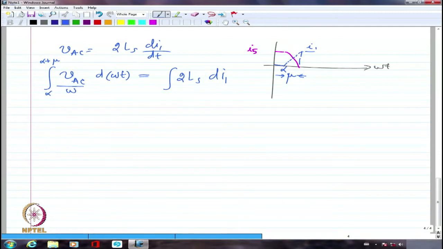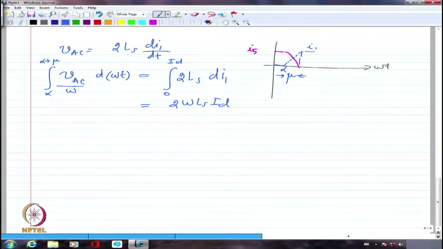Am I right? Is this clear so far? Now, let me take this omega there itself, so let me write this as 2 omega Ls ID. That side is very simple. Not a problem.